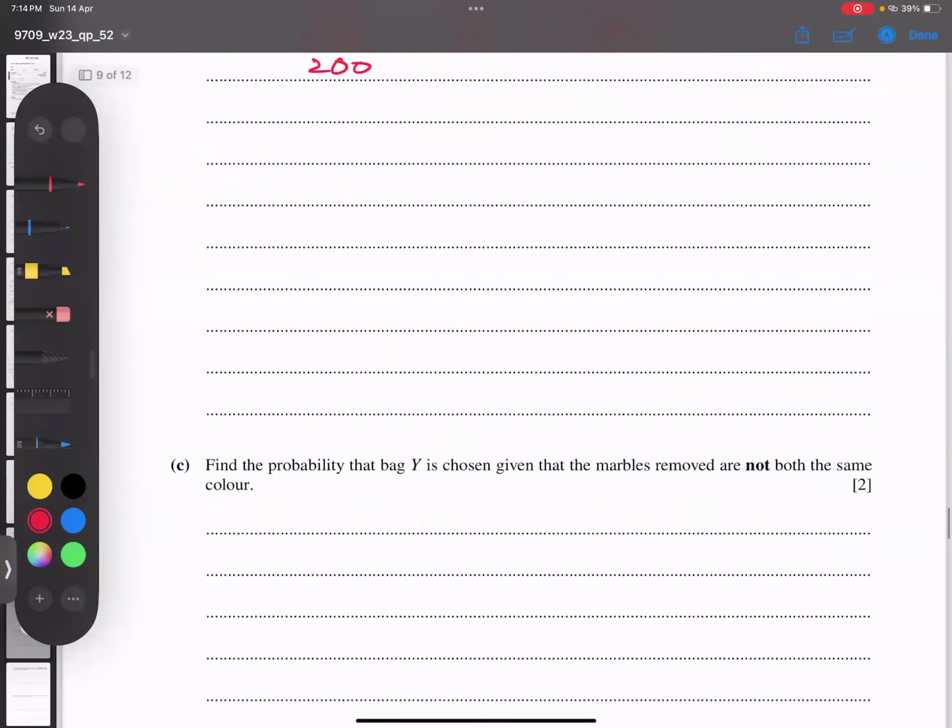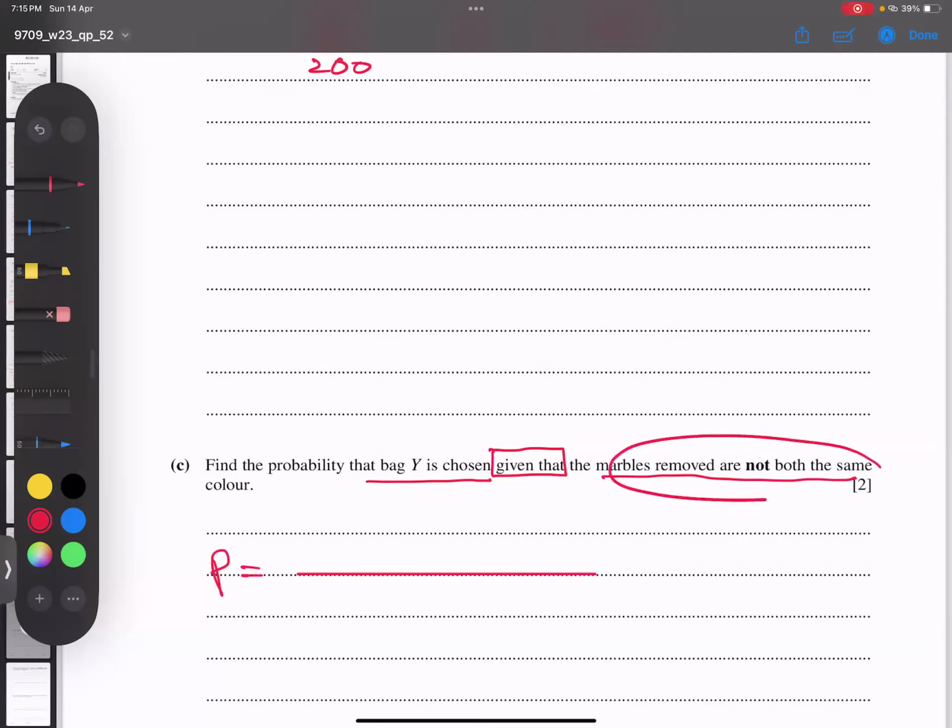He's saying the probability Y is chosen, given that the marbles removed are not the same color. So it means after 'given that' will come in the denominator directly, but it is not the same color. So I'm writing here the probability of not the same color.